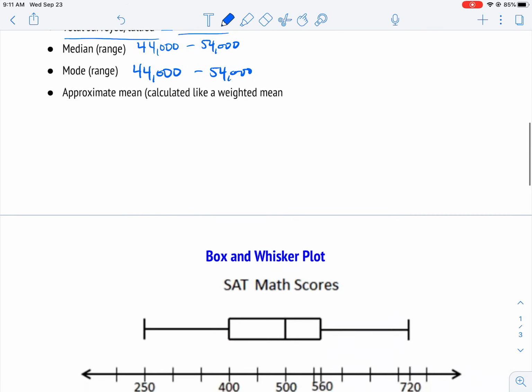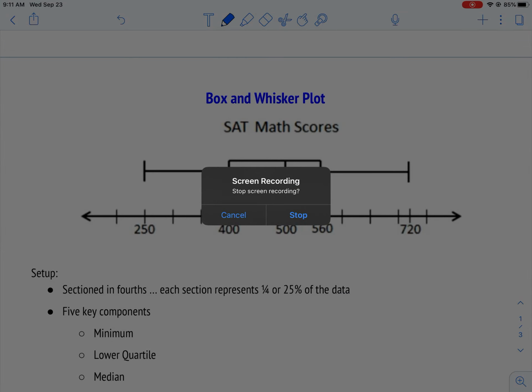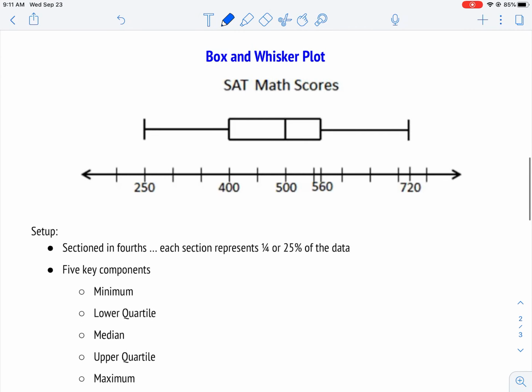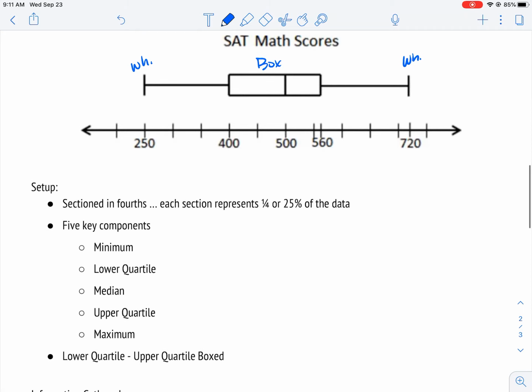So then we go into box and whisker. On box and whisker, you're given different things. This would be your box, and these are your whiskers here and here, right? The thing that I should tell you is that this is in fourths, okay?